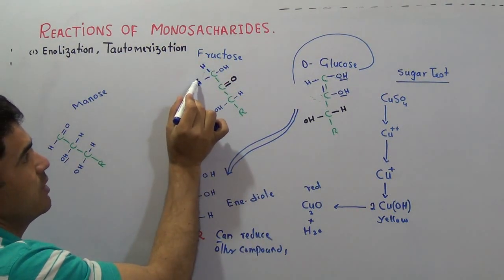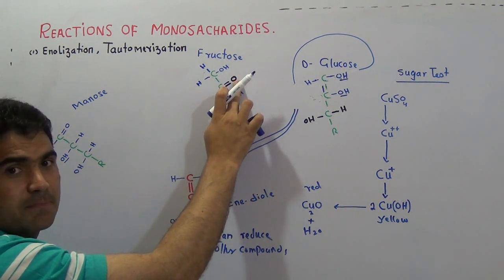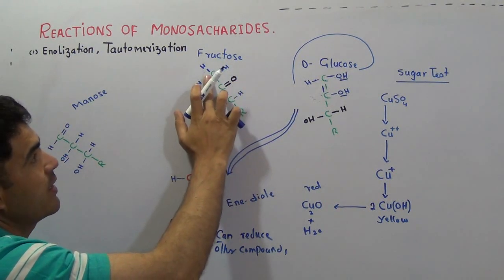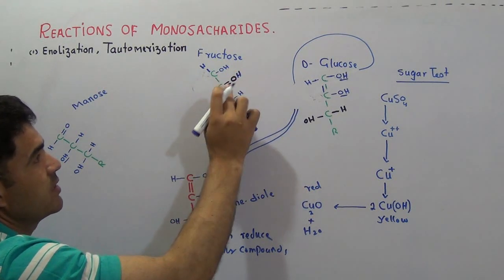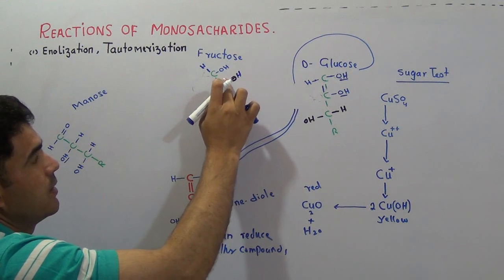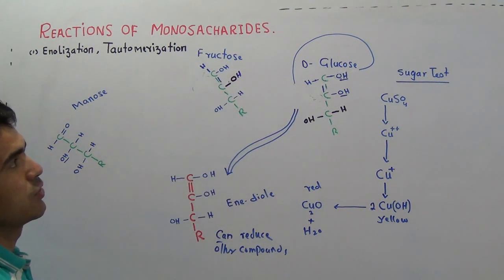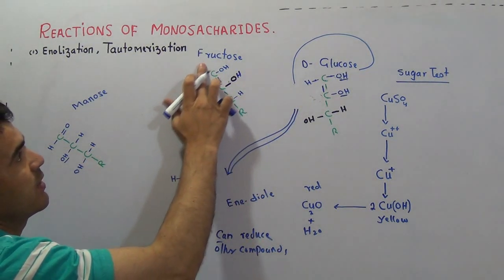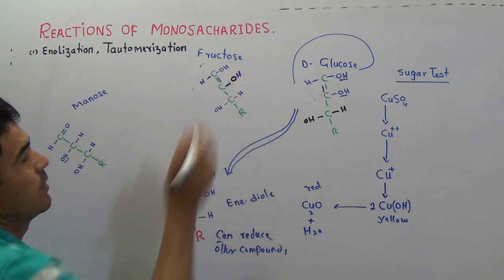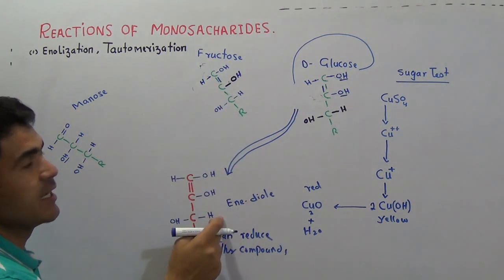One of the hydrogens will be shifted completely to the oxygen and will become OH, while the bond will be created like this. So once again, what happened? Again, enediol has been formed. You can write this H here. So fructose can also make enediol.